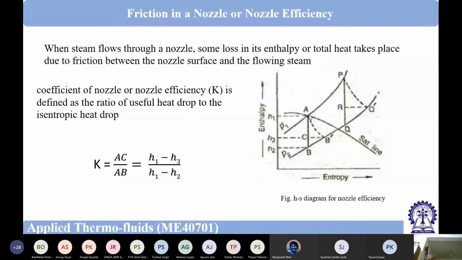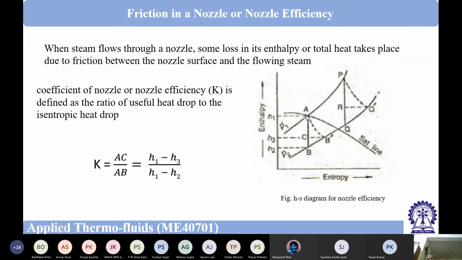So this is the entry point of the nozzle, high pressure point P1, and this is the pressure P2 to which the steam expands. If we assume that the expansion is isentropic, which we assume for an ideal nozzle, then the total amount of enthalpy drop is AB.